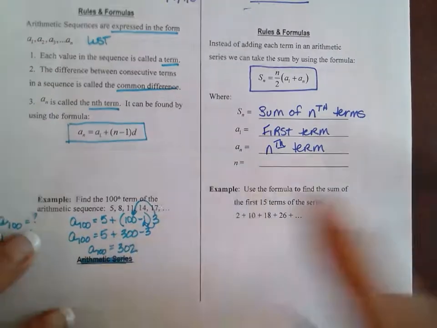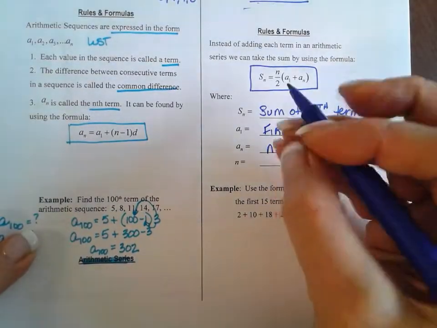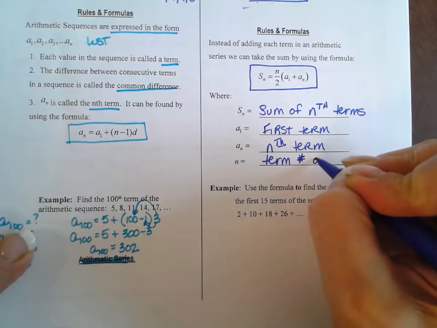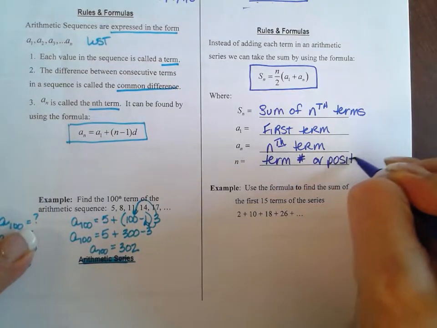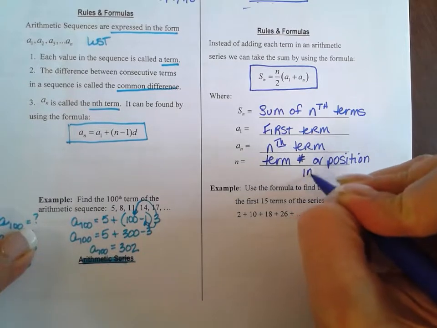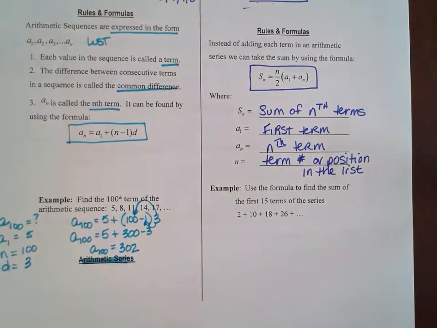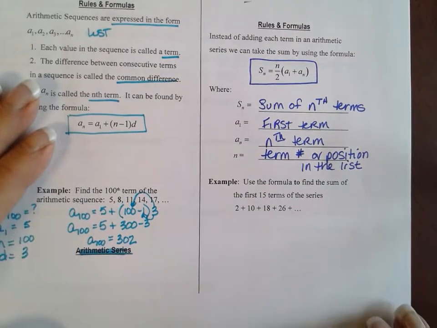Okay, so the n is basically going to be the term number or position in the list. Okay, good so far?